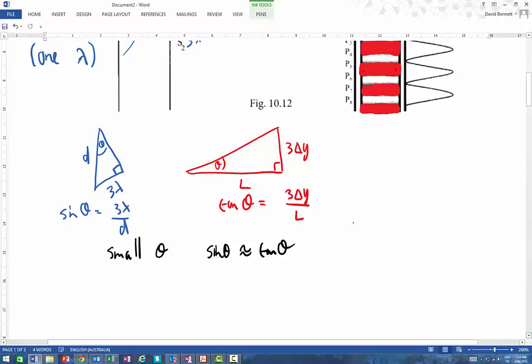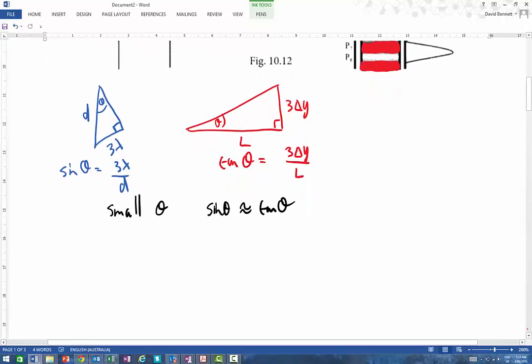So that allows us to say that 3 wavelengths all over D is equal to 3 bandwidths all over L. We can get rid of the 3 on both sides, and from there we have the formula: the wavelength is equal to the bandwidth, bring the D up to the top line, with L down there. That's one form of the formula that you might use.